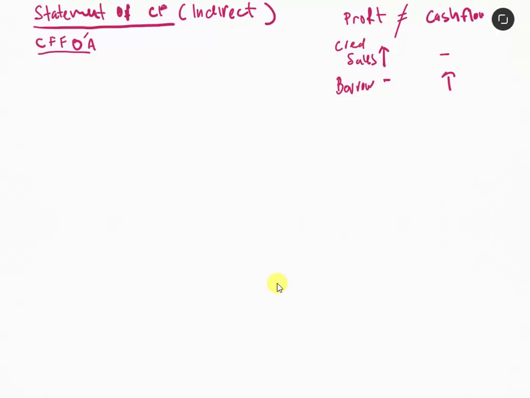So, our statement of cash flow, we use the indirect method, which means we will start with profit before tax. Is it from here, profit? Then we convert to cash. Therefore, we start with profit before tax. Use indirect method. How many activities are there? What are the three?